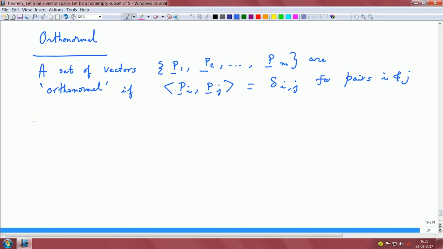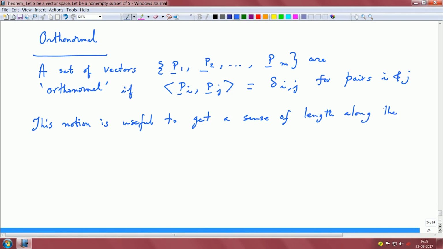So this notion is useful to get a sense of length along the basis.